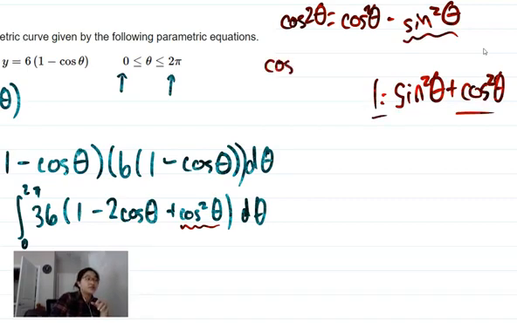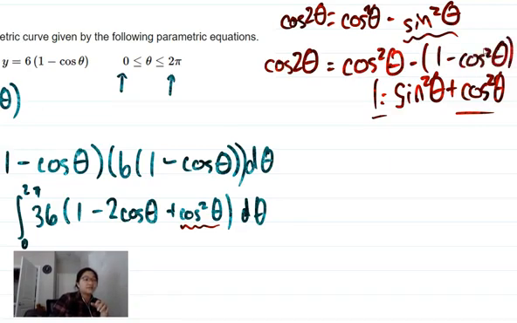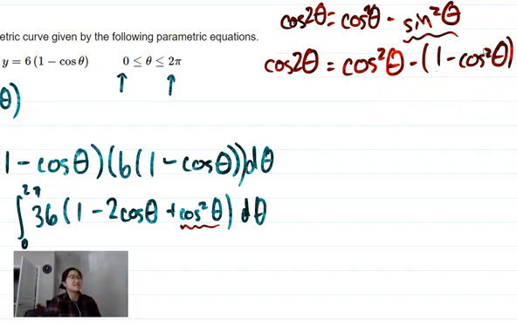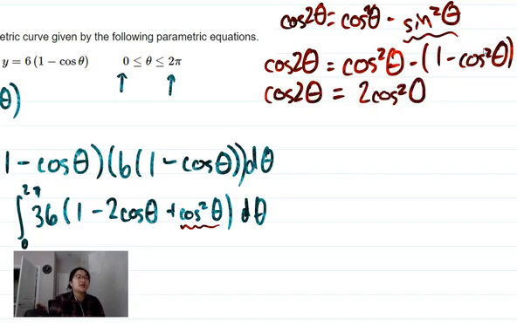Absolutely. So we have cosine of 2 theta equals cosine squared theta minus (1 minus cosine squared theta) from this Pythagorean identity, which I'm going to erase now, because you have that in your brain, right? So then we have cosine of 2 theta is going to be 2 cosine squared theta minus 1. And can I get cosine squared by itself?